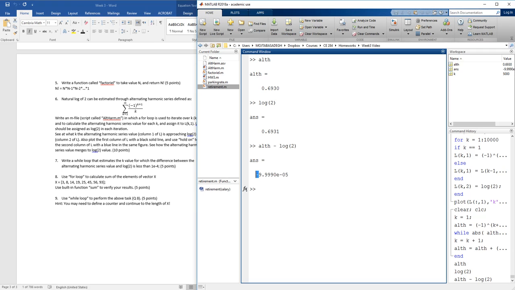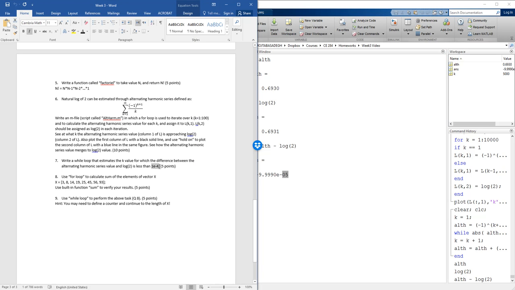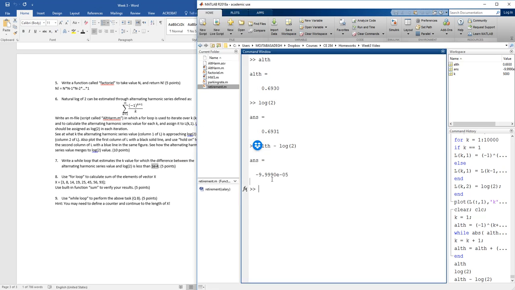Again, this negative sign is not important because that goes above and below the value, and we don't really care about that. We just care about the absolute value. So this is about 10 to the power of negative 5. We wanted this to be less than 10 to the power of negative 4, which this is, and everything is perfect. So with 5,000 iterations, we reached there.